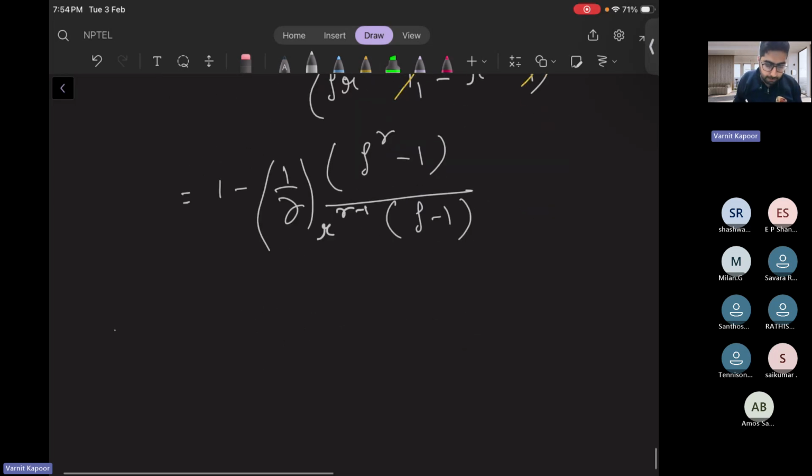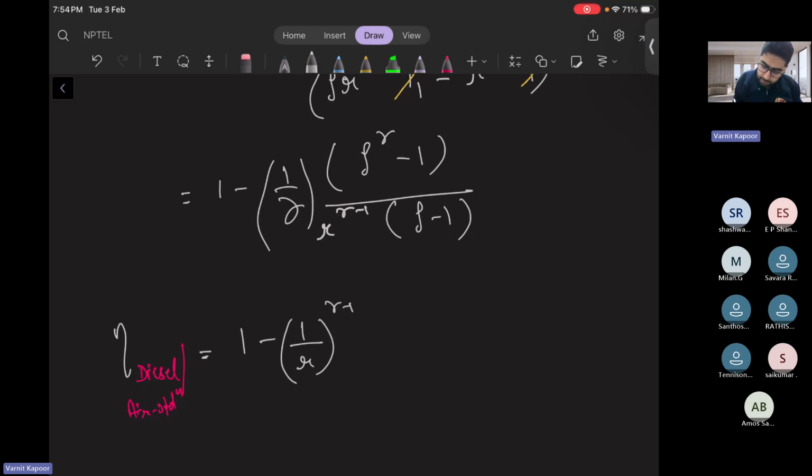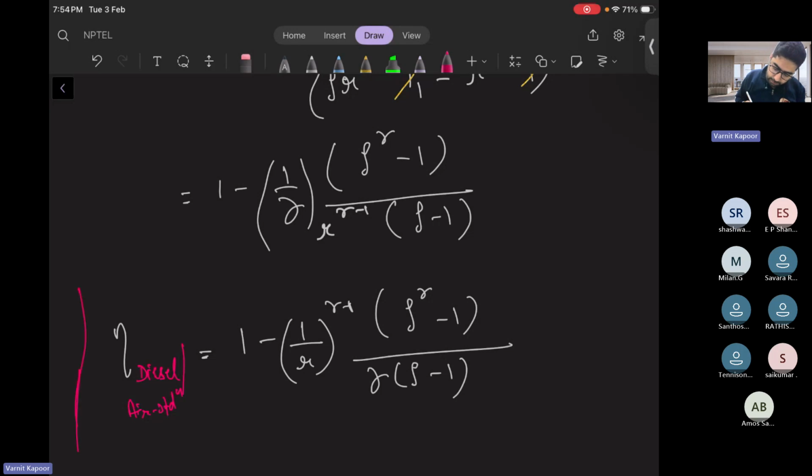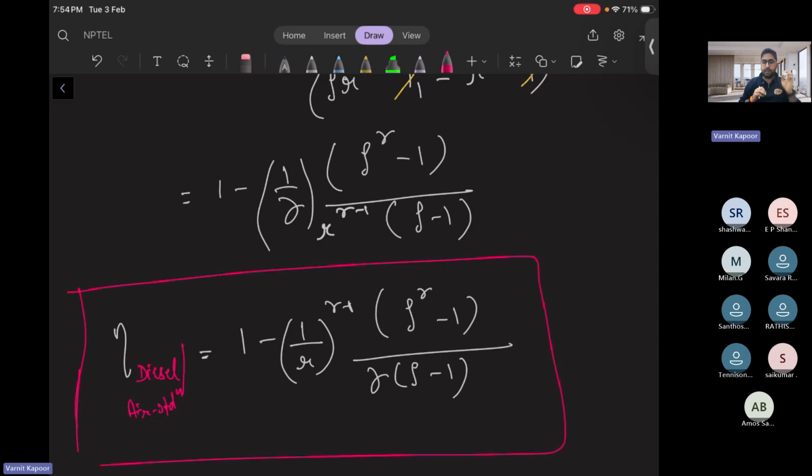The final formula is efficiency of the air standard diesel cycle is 1 minus 1 by R to the power of gamma minus 1, after rearranging, rho to the power of gamma minus 1 over gamma into rho minus 1. Very important expression. Air standard efficiency of a diesel cycle is this.